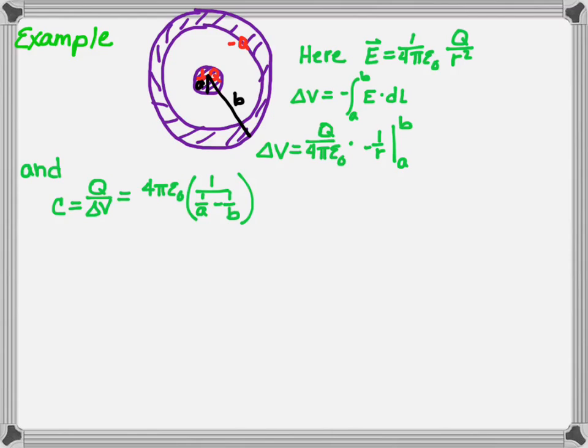And the capacitance is going to be equal to 4 pi epsilon times the quantity 1 over A minus 1 over B. Now, if B goes to infinity, then my capacitance becomes 4 pi epsilon naught times A.